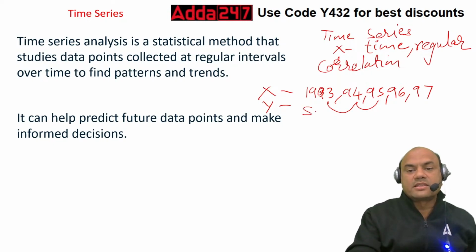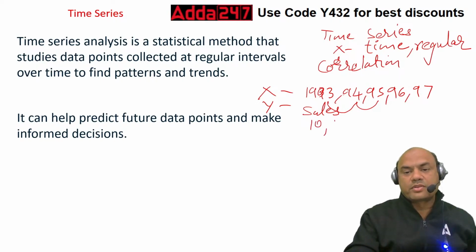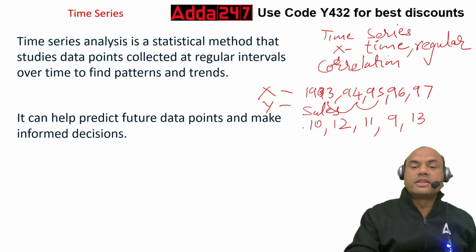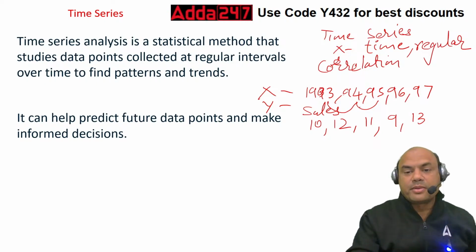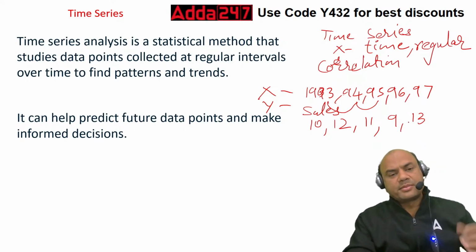So let's say sales. Sales for 93 was, say, 10. 94 was 12. Then 95 was again 11. 96 was 9. And this is, let's say, 13. So this is Y. So data points means what? This is sales. I am studying sales over here.